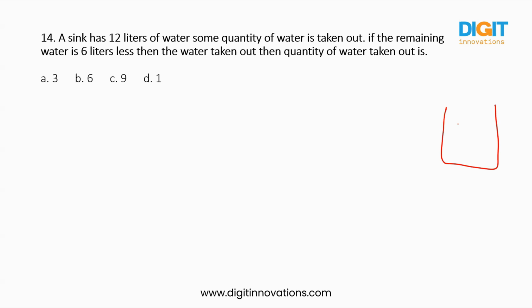So let us think, it is the 12 liters. And now I removed some water. Then they're telling the remaining water is 6 liters less than the water taken out.